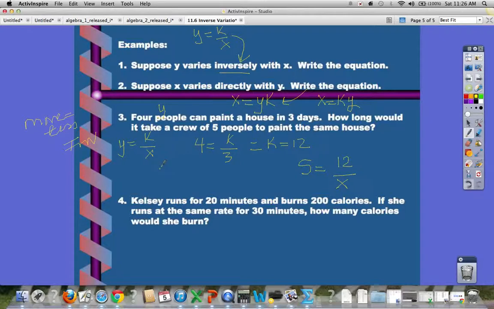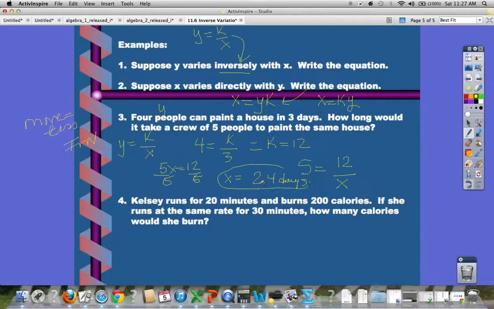So we're going to have 5x equals 12. And then divide by 5. So x is going to be, let's see, it's going to be a decimal. 12 divided by 5 is 2.4. 2.4 days. Which makes sense because it said 3 days for 4 people. It'll take 2.4, which is less days for more people.